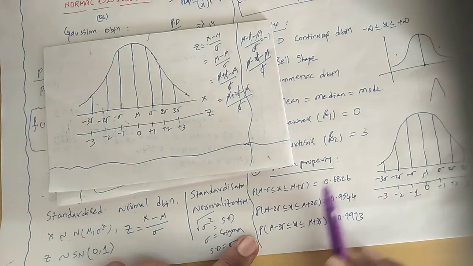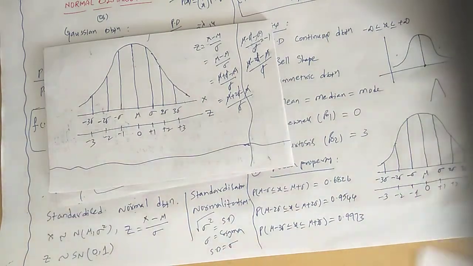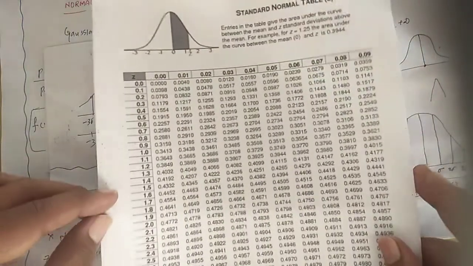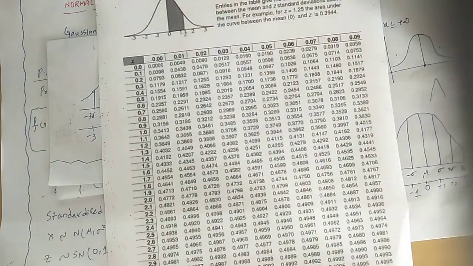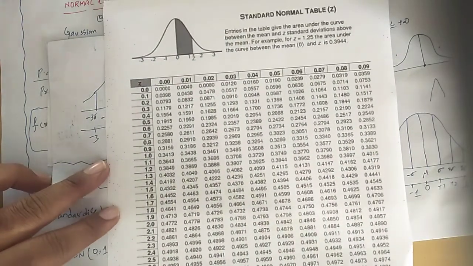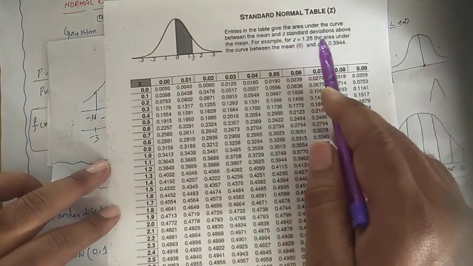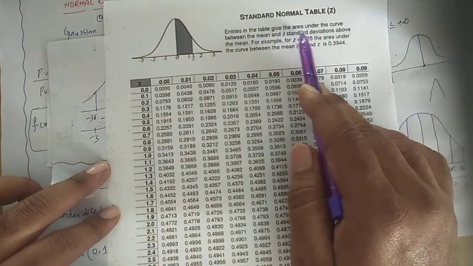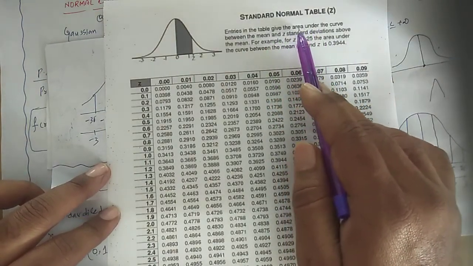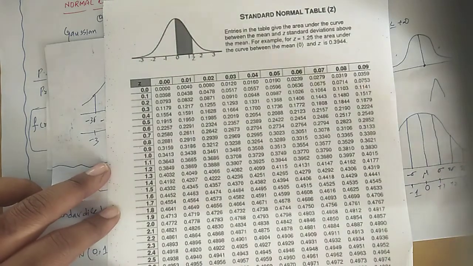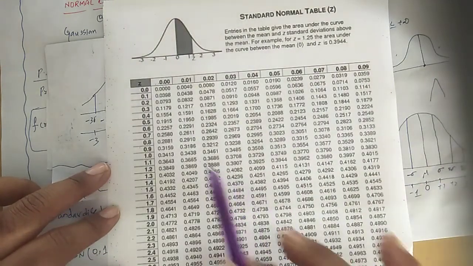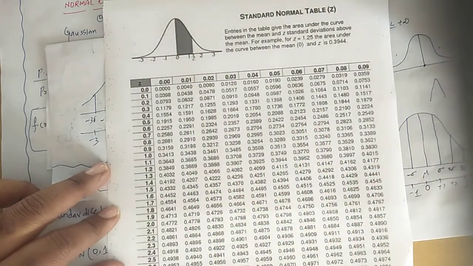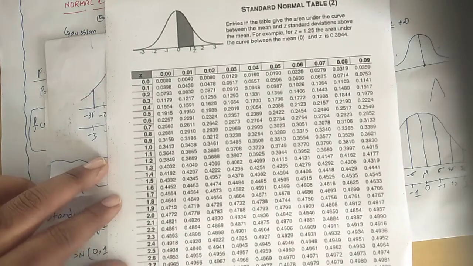Okay. So all this information is tabulated. The table looks like this. This is the standard normal distribution area table, and that is important. Based upon this formula only, all these values have been calculated. Don't worry.